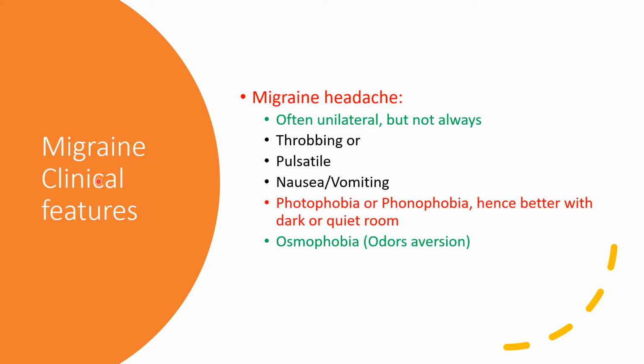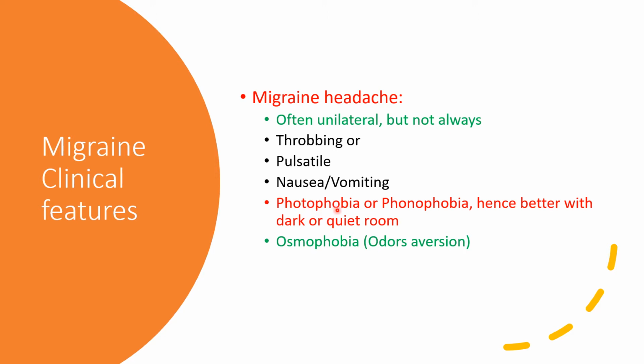Now, other clinical features. We've just gone through these stages. The migraine headache is often unilateral, like I've said earlier, but not always. It could be bilateral sometimes. Throbbing, I've explained what that is all about, very serious, or pulsatile, associated with nausea and vomiting.